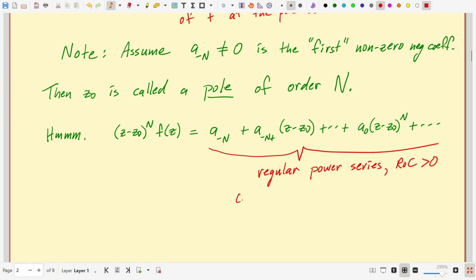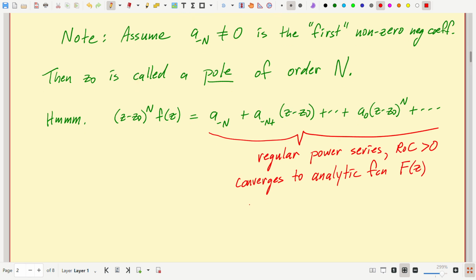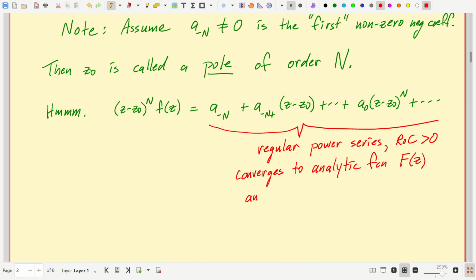It converges to an analytic function, capital F, let's call it. It would have the same radius of convergence as the Laurent series. I say it converges to an analytic function, and it would converge on the disk of radius epsilon about z naught.